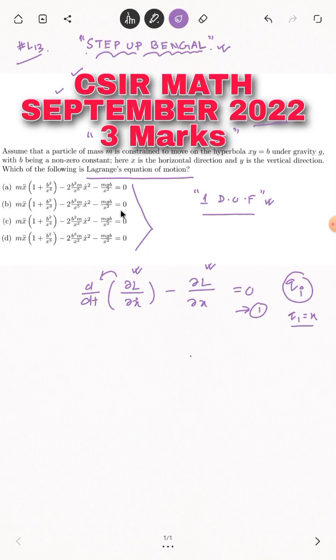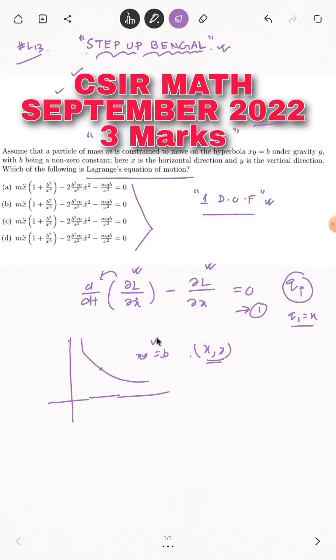So see, assume a particle of mass m is constrained to move on a hyperbola xy equal to b. All of you are very much familiar with this type of equation, xy equal to b, a hyperbola. But if the particle was free, its coordinates would be x and y.